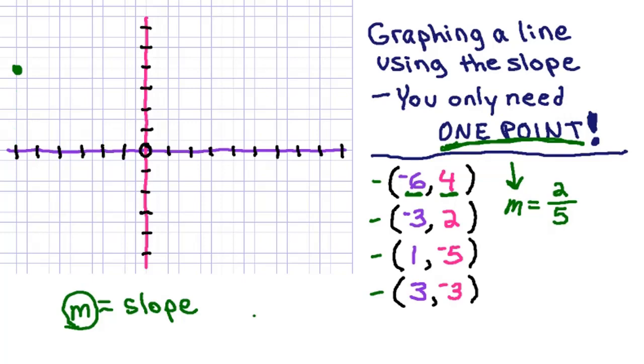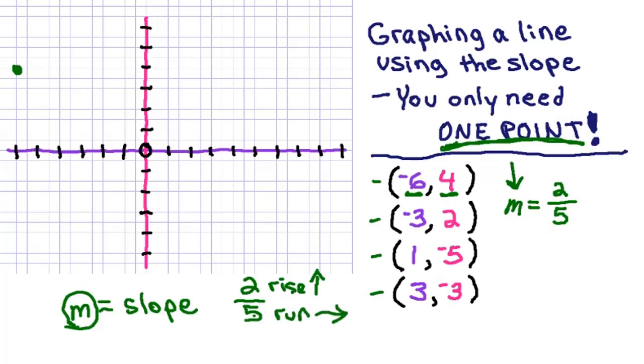So now that we have our point, -6, +4, we're going to use the slope to find another point and make a line. The slope is 2 over 5, so 2 is your rise, that's 2 going up, and 5 is your run, that's 5 going over.